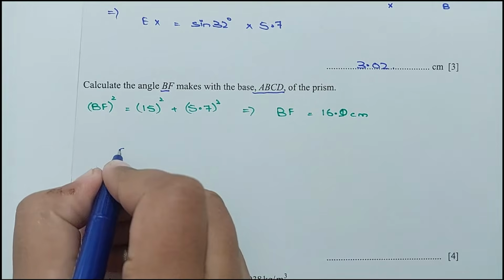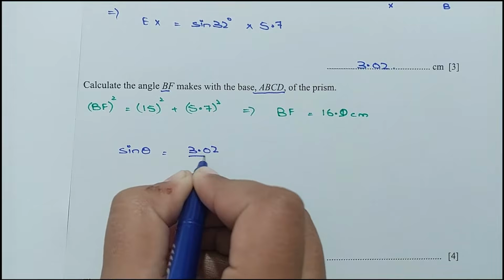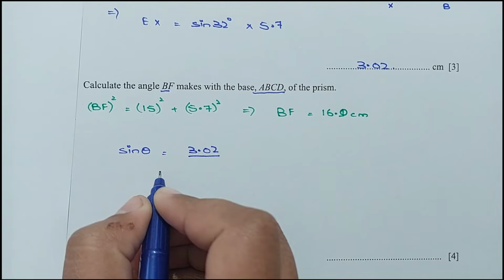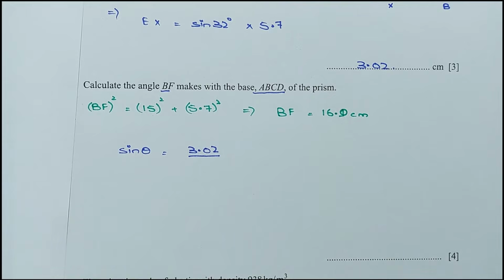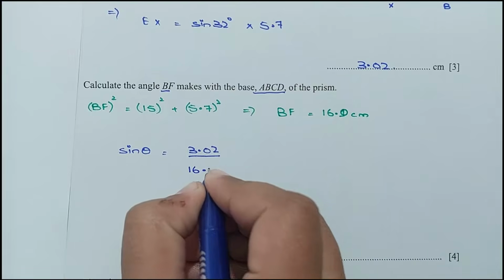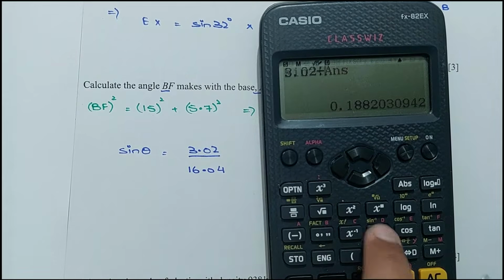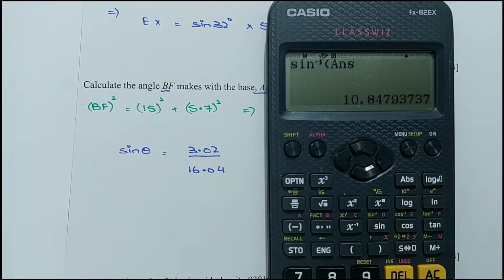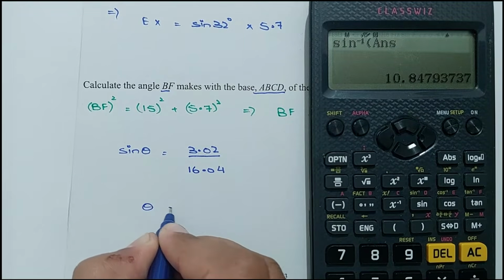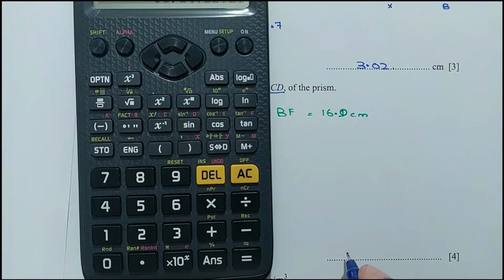So here we can say that sine theta, the opposite is 3.02 over the hypotenuse, this should be the hypotenuse, 16 centimeter, right? 16.04, or we can say, okay, so 3.02 divided by the answer, and doing sine inverse of the answer, this should be 10.84. So theta should be equal to 10.84 degrees, or 10.8 degrees, right?